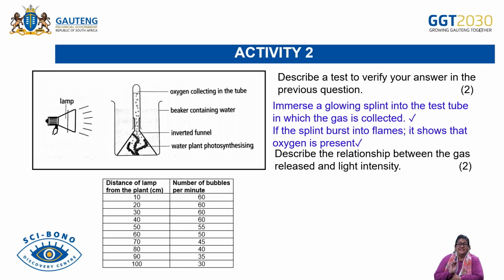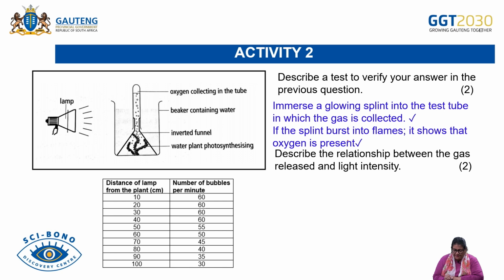See, you've got to describe. You don't just say a glowing splinter. Describe it. You immerse, that means you put in a glowing splinter. What's a glowing splinter? A stick that has a glowing end that is burning red at the end. So immerse a glowing splinter into the test tube in which the gas is collected.